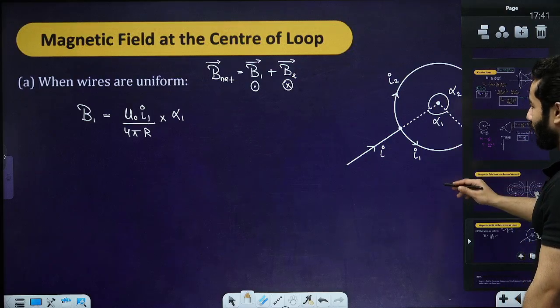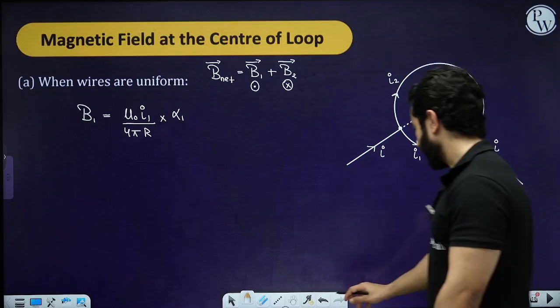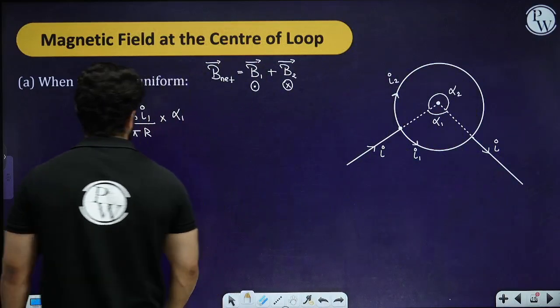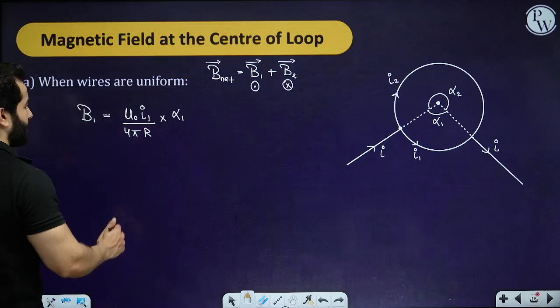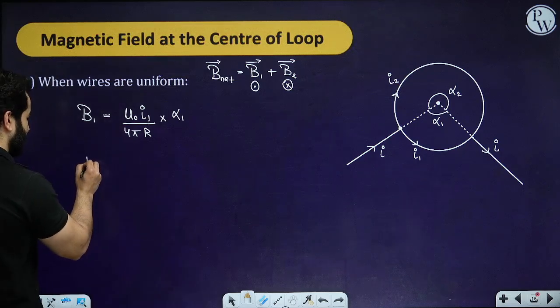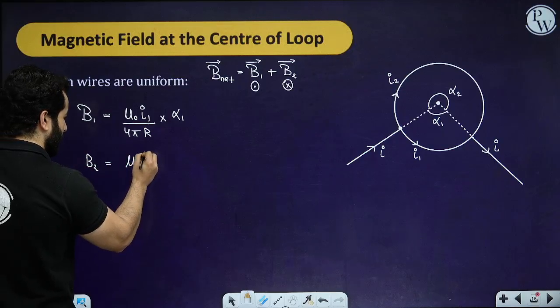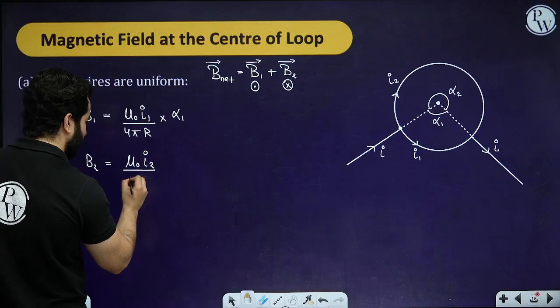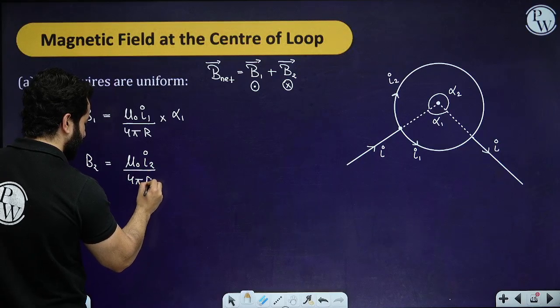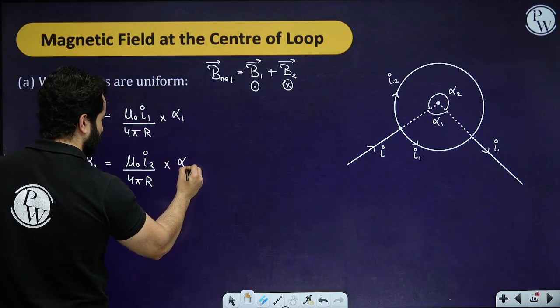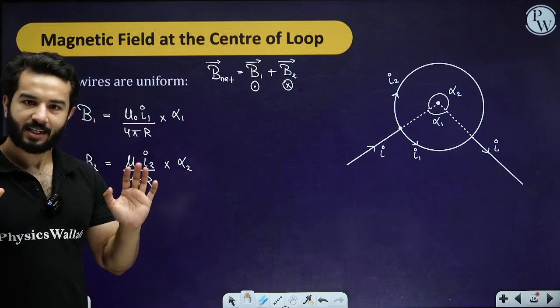So theta is alpha 1. Everything's clear? Hopefully. Similarly, we are going to write B2 equals mu naught I2 divided by 4 pi r times alpha 2. Everything is clear till this point?